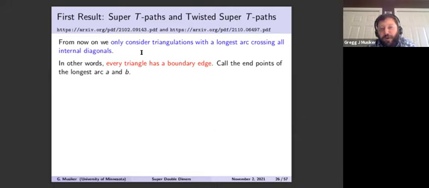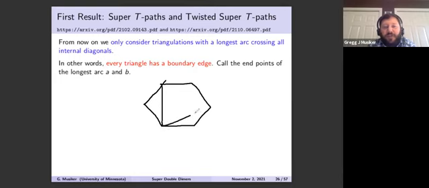So if you're familiar with our previous paper, the setup is quite similar. We only allow triangulations where we have the longest arc crossing all internal diagonals. So for instance, a hexagon like this with this triangulation would not be allowed because instead we would have to pick a specific arc that we'd be focusing on.